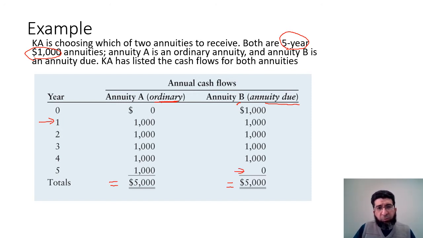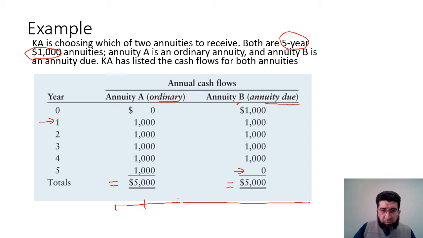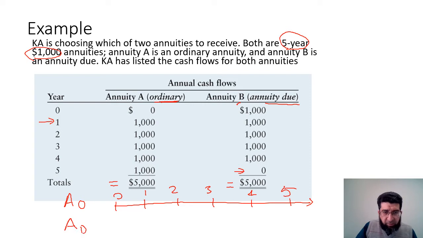It's good practice, if you want to differentiate between two annuities, to draw parallel lines, one for ordinary and one for annuity due, like this. It's 0, 1, 2, 3, 4, 5. This is the ordinary annuity, which for the time being I call AO, and AD for the annuity due.